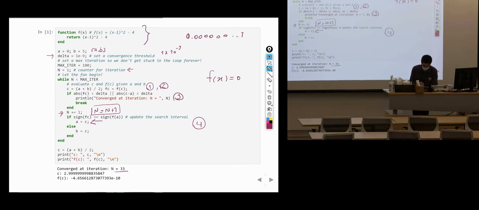So what's the actual value of c? c is 2.99999 and so on, right? What was the true root? x equals 3 is the root.